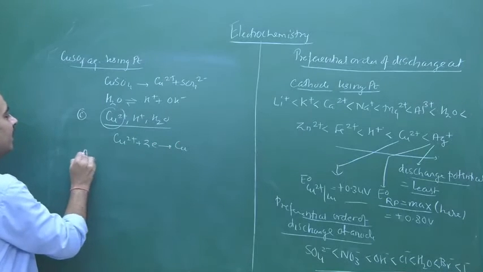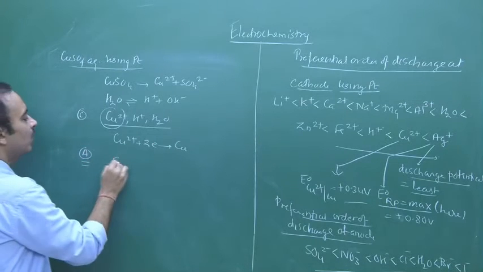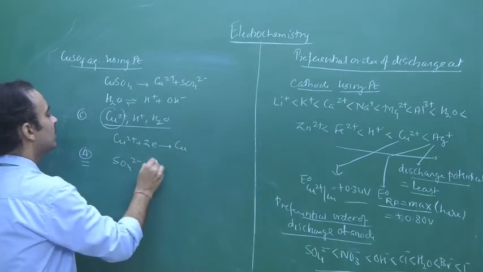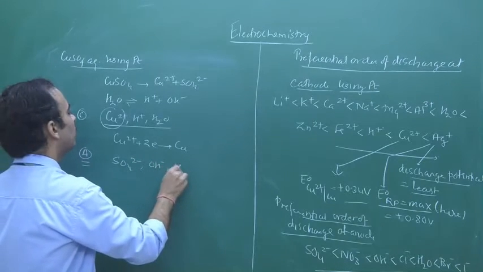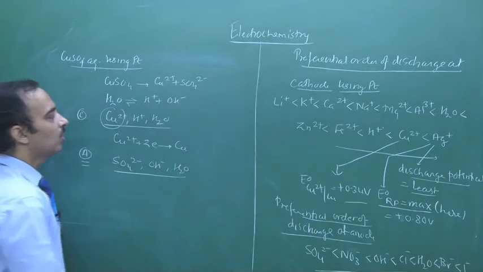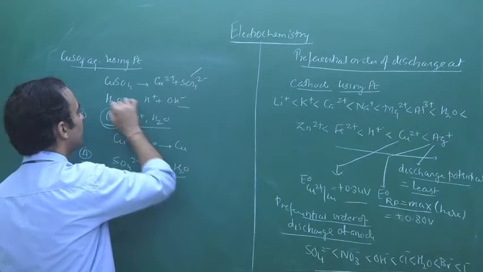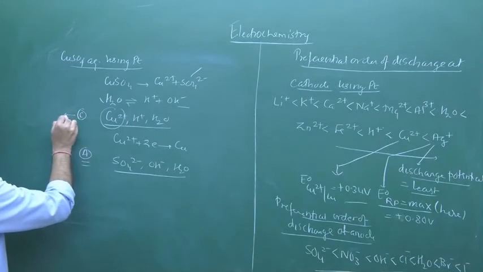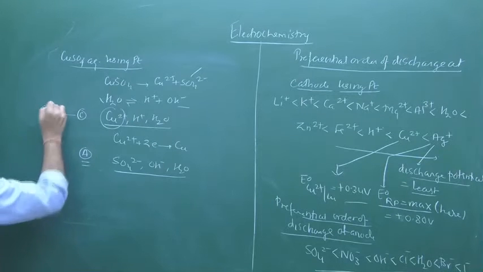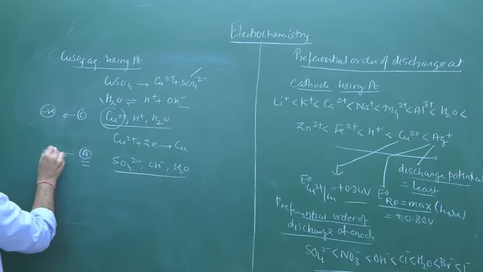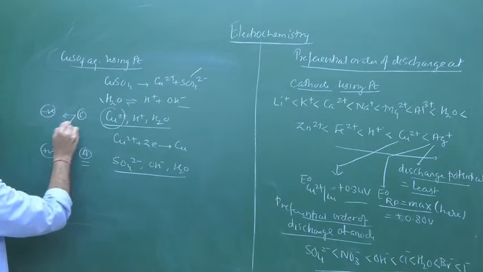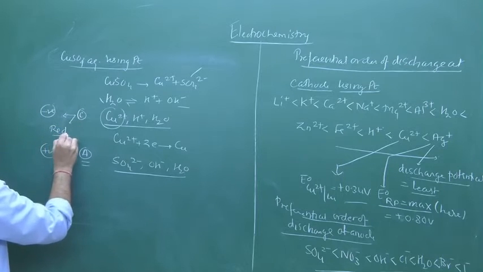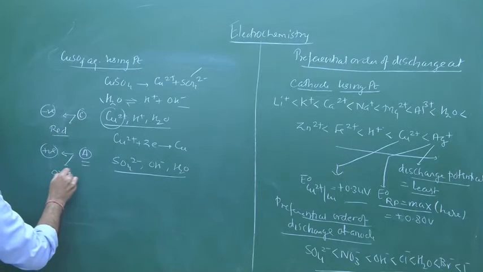Now let us see at anode. Beta, at anode there is competition between sulfate, OH minus and water. Remember, in an electrolytic cell cathode is negative, anode is positive. At cathode reduction takes place, at anode oxidation takes place.